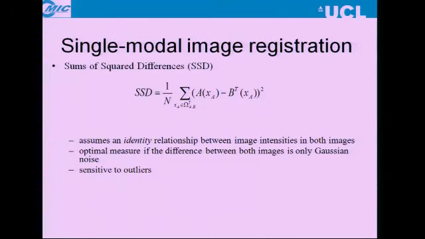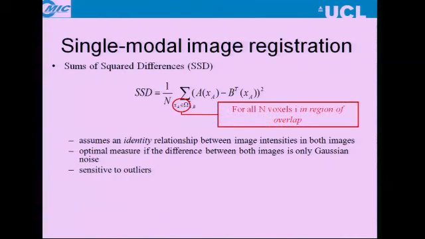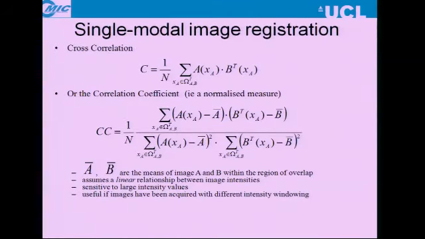And then there are some things you have to consider: what are you optimizing? If it's the same modality taken two times, you can optimize a least squares difference, just an L2 difference. But more commonly, we have to assume that the images are taken with different imaging contrast.